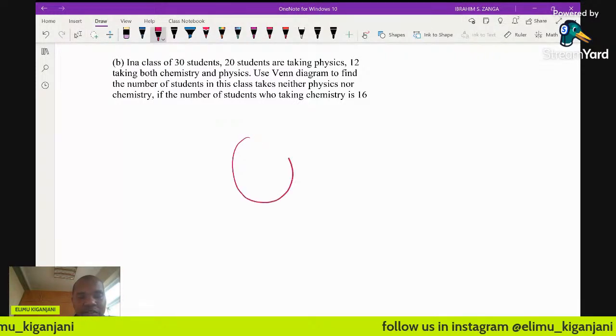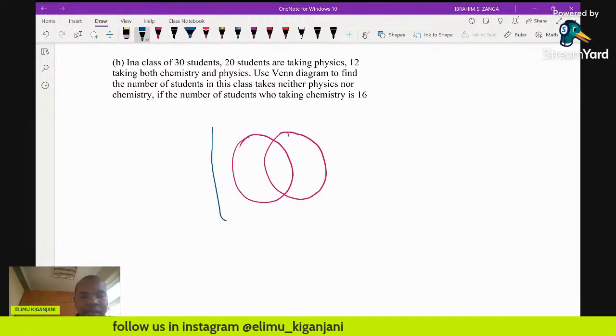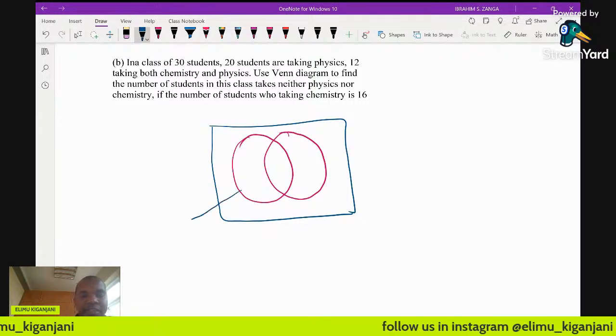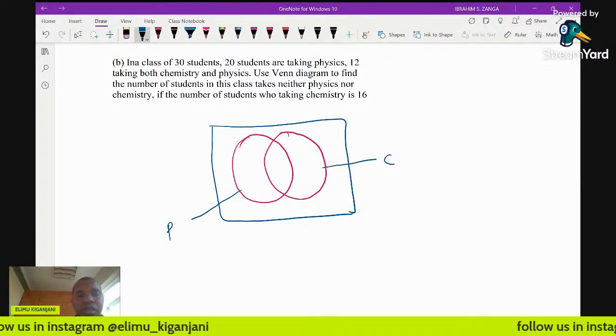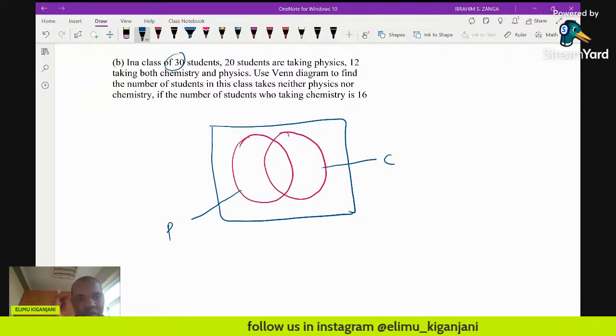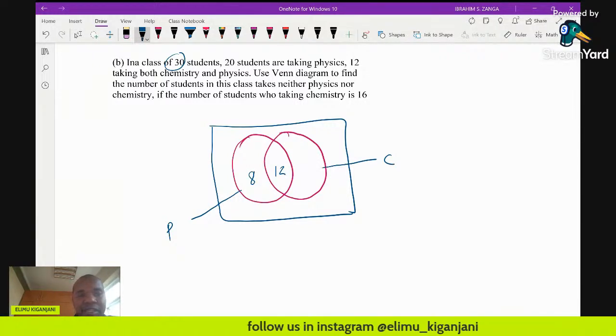So we're going to use Venn diagrams. This is the set representing those students who are taking physics, and this represents those who are taking chemistry. In a class we have 30 students, 20 taking physics, 12 taking both. So here is 12, and physics only will be 8.